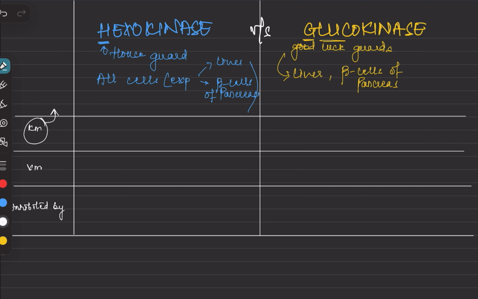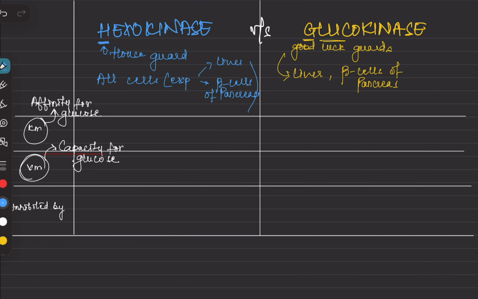Km basically tells us the affinity for glucose, and Vm will tell us the capacity for glucose.